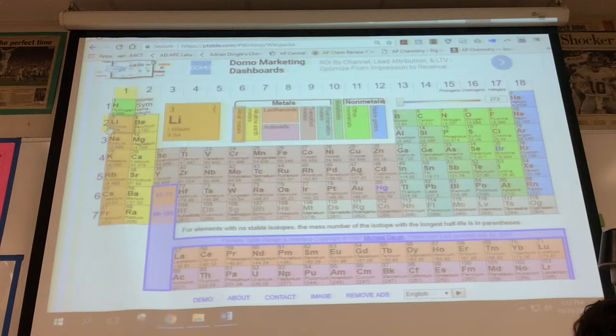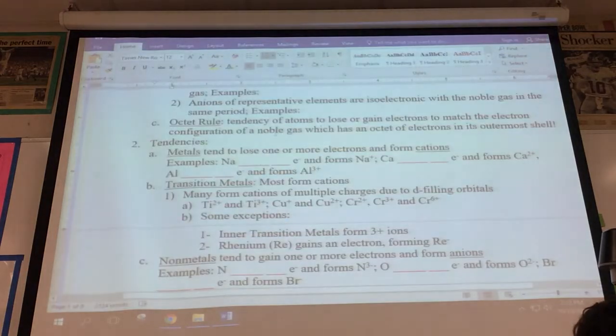And most elements on the periodic table are metals. You're going to want to remember that. So metals tend to lose 1 or more electrons. If you lose electrons, do you form a cation or an anion? Cation. And that's what you're going to see. So metals tend to lose 1 or more electrons, forming cations.